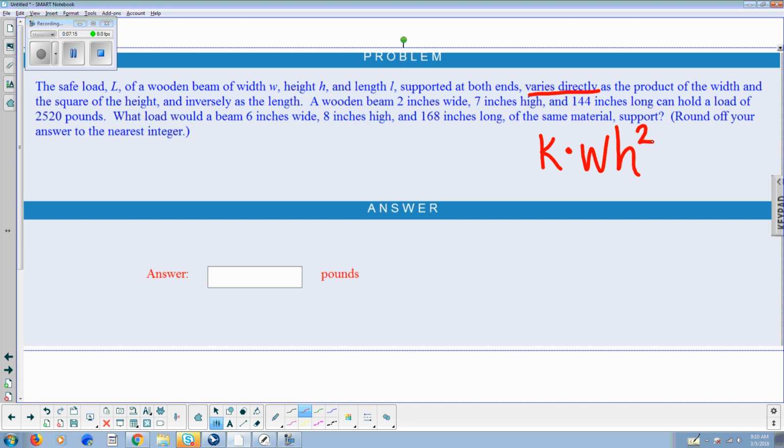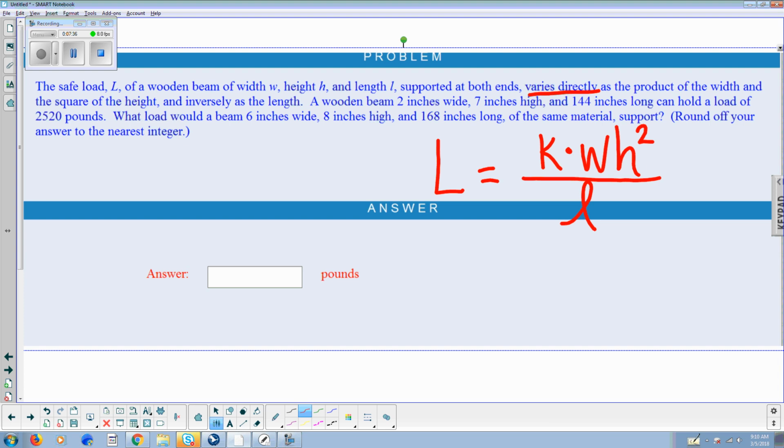Notice how I'm multiplying those. And inversely as the length. That means divided by the length. And this all is representing a load, a safe load, capital L.